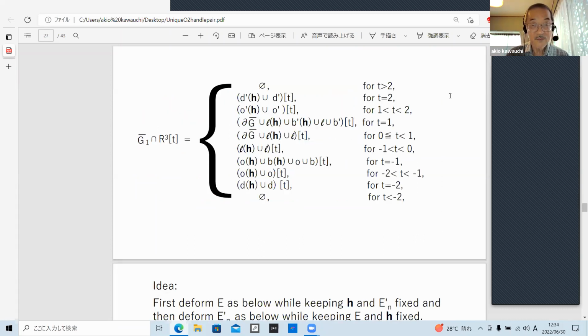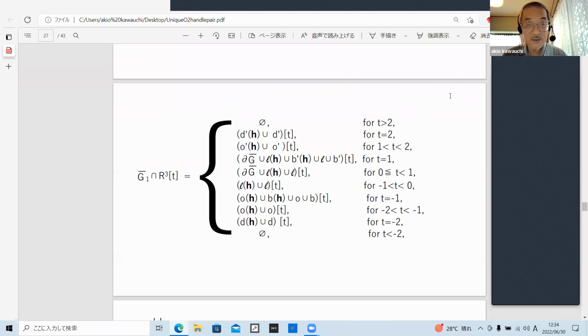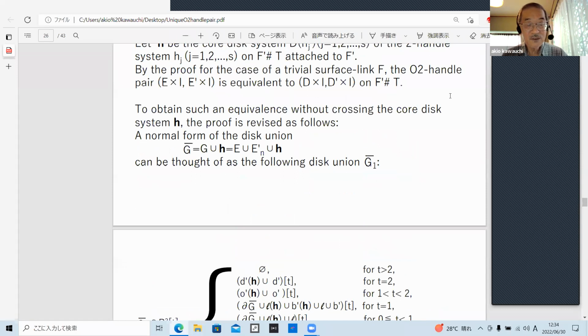The important point is that G bar does not intersect the boundary G. Boundary G means not to include H, because the boundary G is in the four ball, disjoint from the two handle. Some four ball is inside there.